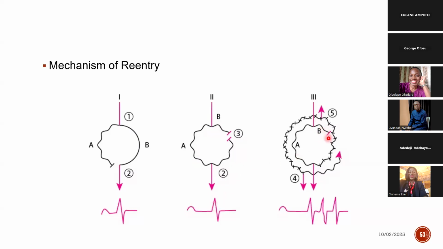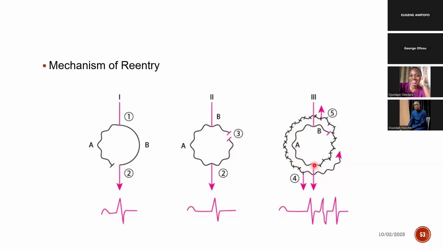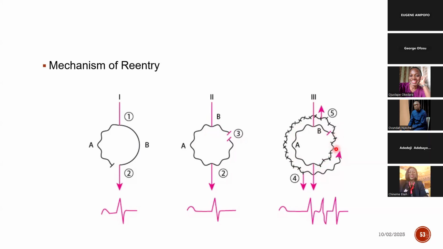For the re-entrant mechanism to occur, the impulse coming from the top may occur early enough, so it goes through the slow pathway, gets to this point, and finds the fast pathway out of the refractory state.